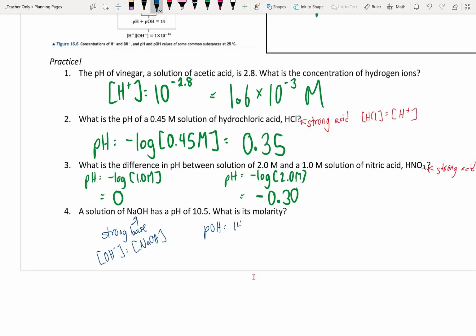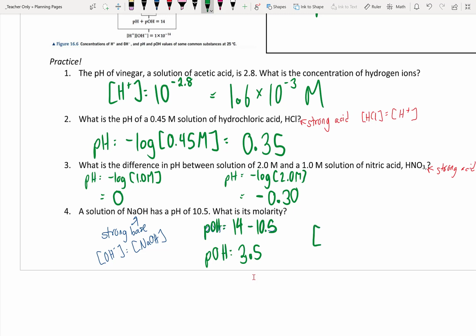So our pOH would be 14 minus 10.5. I'm going to rewrite that so you guys can actually see it, which gives us a pOH of 3.5. Okay, I can math.